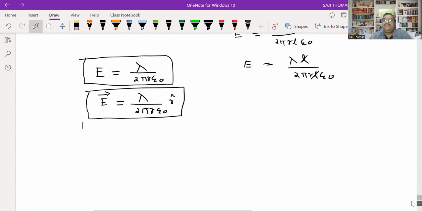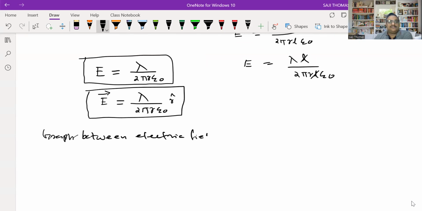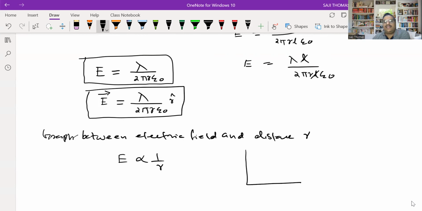Now, if you plot a graph between electric field E and distance R, you know from the equation that E is inversely proportional to R. Therefore, the graph will be like this.